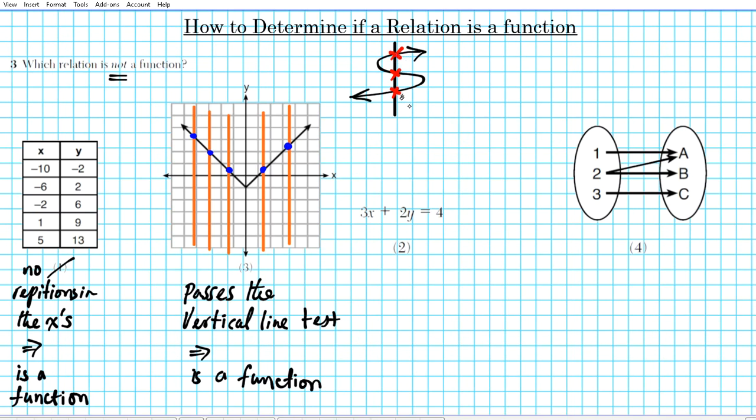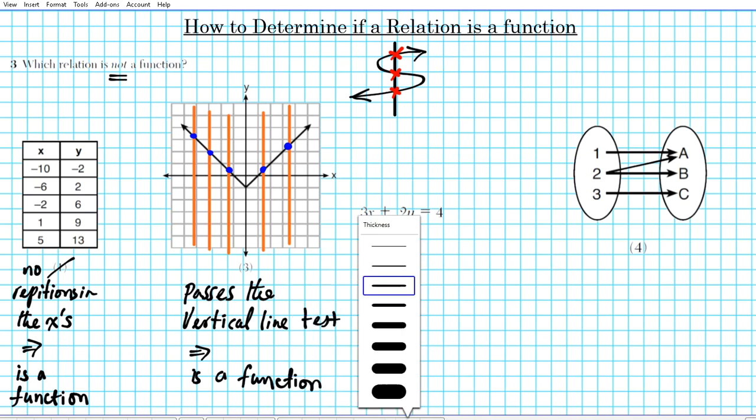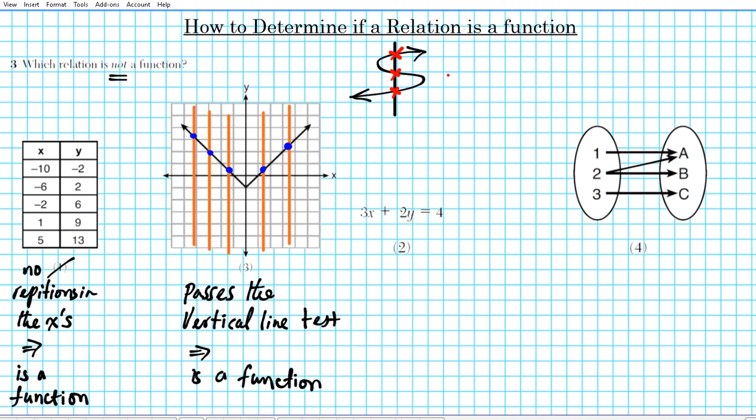What this is telling us is that one input will be assigned to 3 different outputs, which is not what a function is. So this fails the vertical line test, hence it is not a function. Okay, this one is a little bit abstract, but hopefully you get the gist. So fails the VLT, not a function.